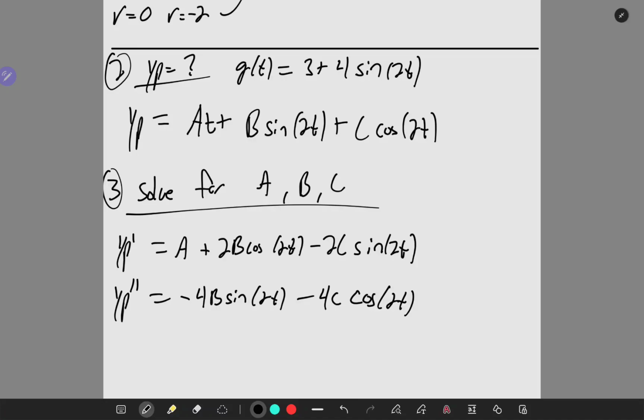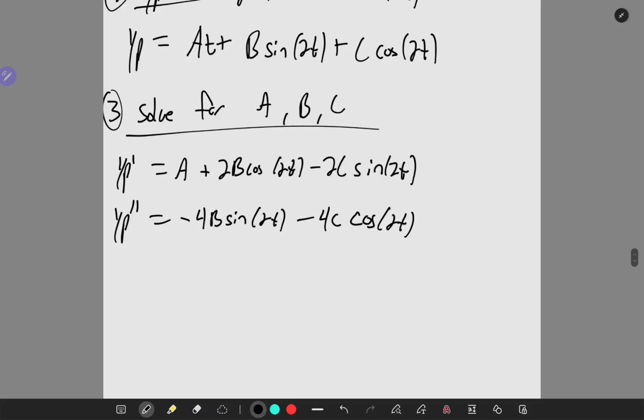Let me just make sure that's correct. Yes. When I did it the other way, I have my b and c flipped, but it doesn't matter, as long as they're in the right spots. That might confuse me when I look at my solution, but we'll be fine. I just have to remember that my b and c are flipped.